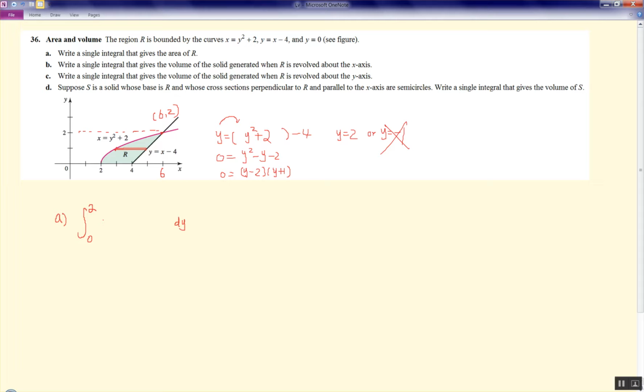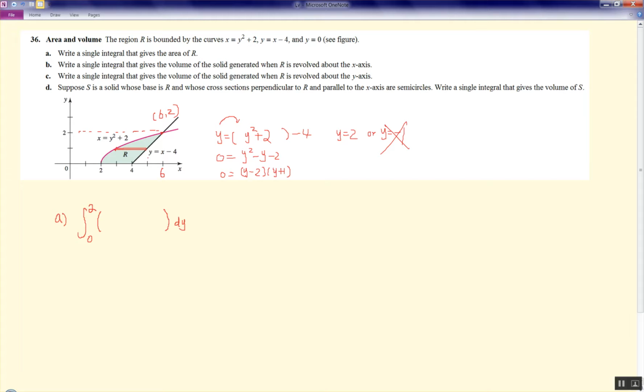The integrand will be the length of the slice, and we always use the large value minus the small value, the right minus left. Because it's dy, you expect only the y variable in the integrand.